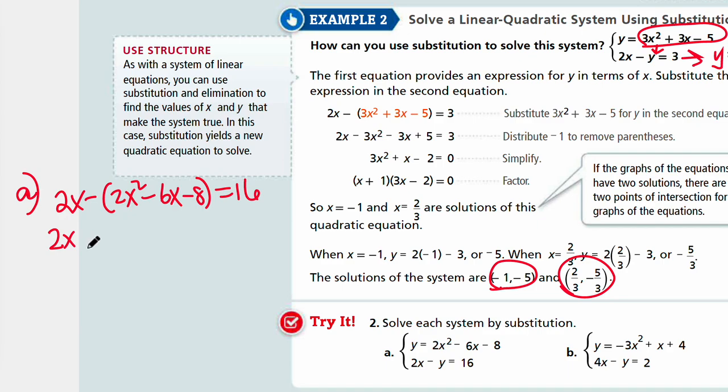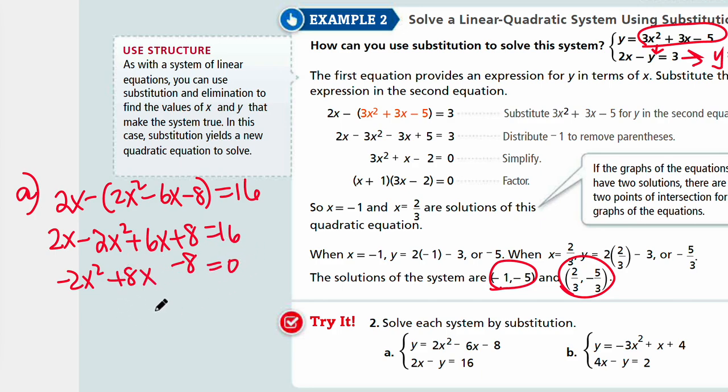And then you can distribute your negatives. And then you can make it equal to 0 by subtracting 16 on both sides. And you'll get -8. And then you can add the like terms and get 8x is equal to 0.